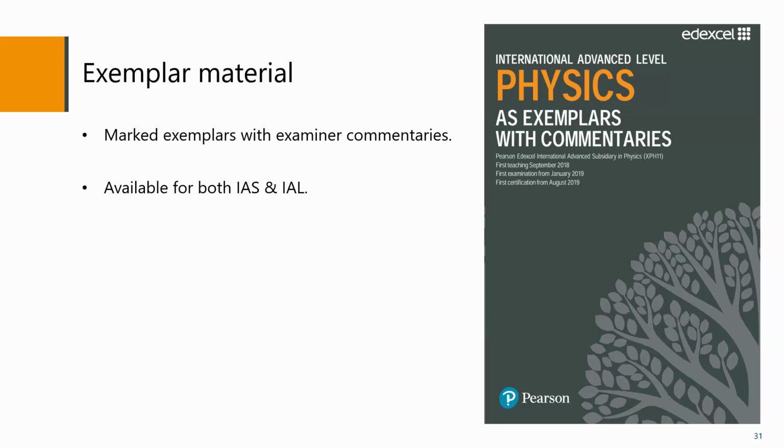We'll talk more about using these exemplars when we look more at assessment in tomorrow's session, but they come in the examiner reports after each series of exams, and they're also collated together in booklets like this with some common exemplars and really useful learning materials for teachers like ourselves, for departments to work together on how the mark scheme works, and also for work with students. We'll discuss those a bit more tomorrow. And they're available both at advanced subsidiary level and the full A level.